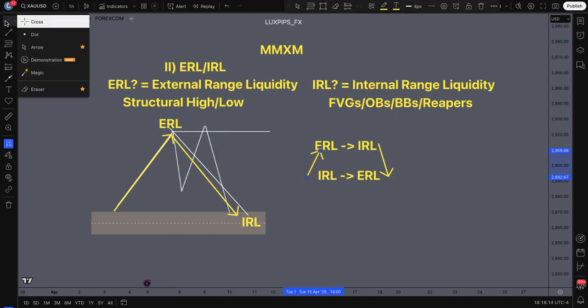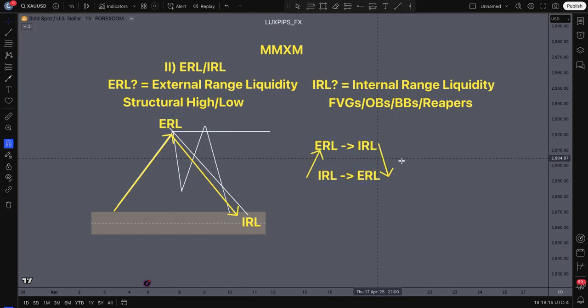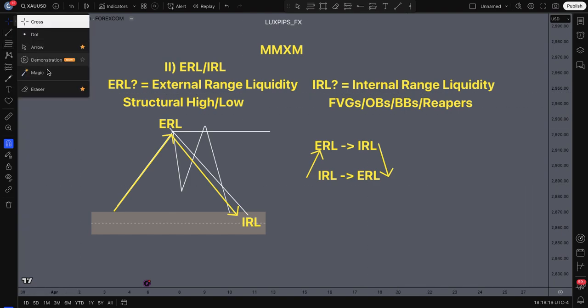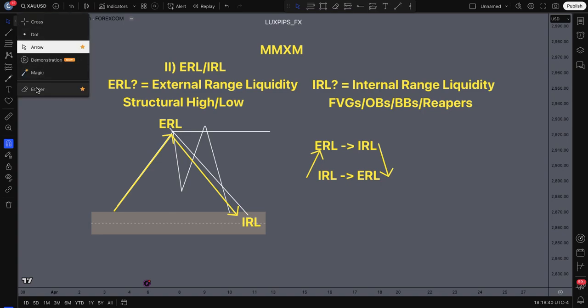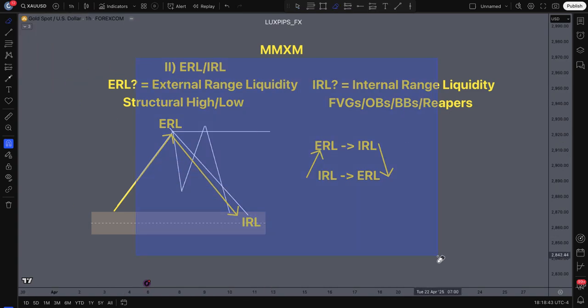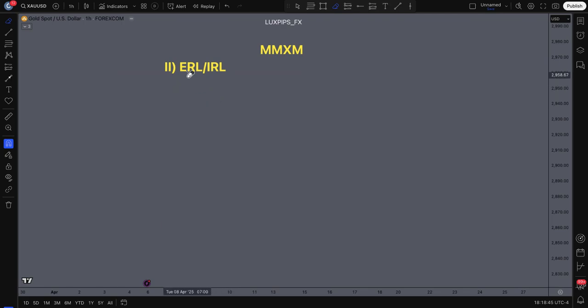This pattern is the holy grail of the markets, to be honest. If you understand the ERL, IRL very, very well, then your trading is going to be very smooth. But of course, there's a lot more to it, like entries, how to confirm it, stuff like that. I'm going to go over everything. So, next up on the list for foundations, it's IPDA.